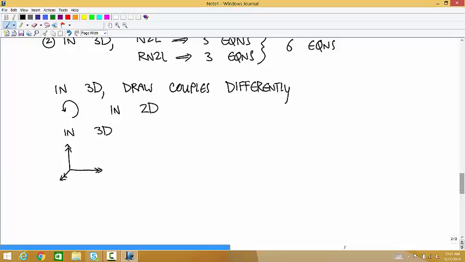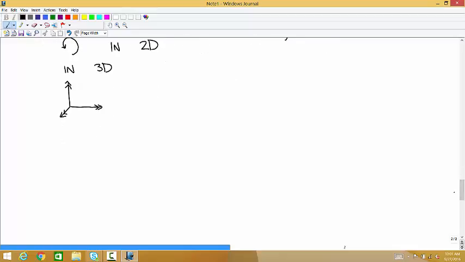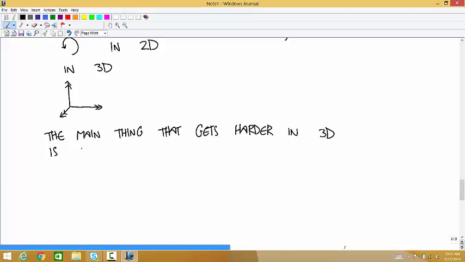But whatever your coordinate system is, the couple component in that direction is that component. The main thing that gets harder in 3D is working with the joints.